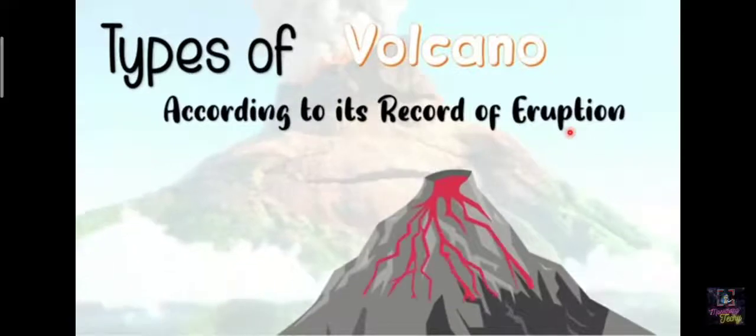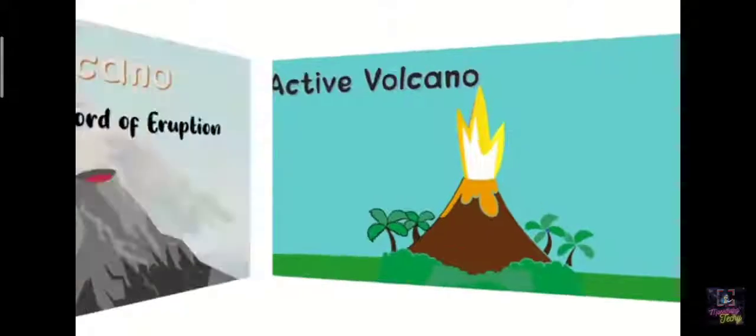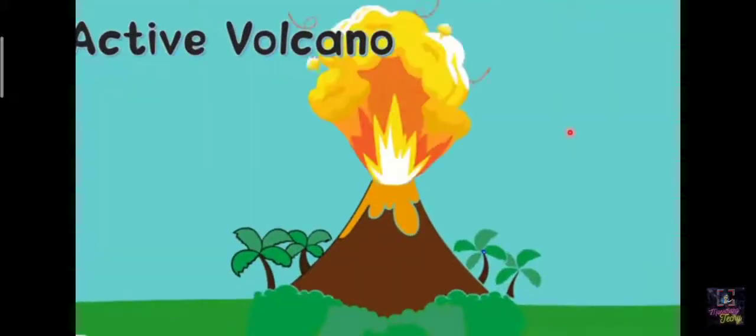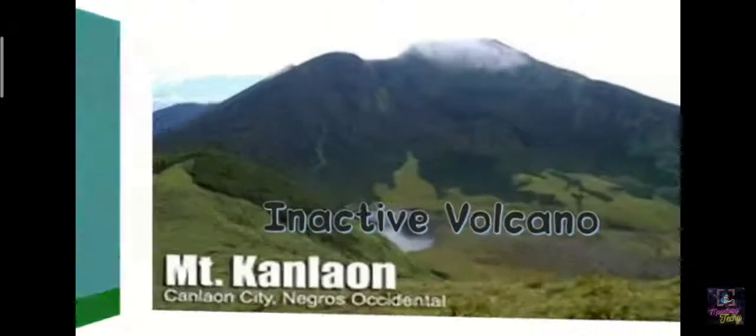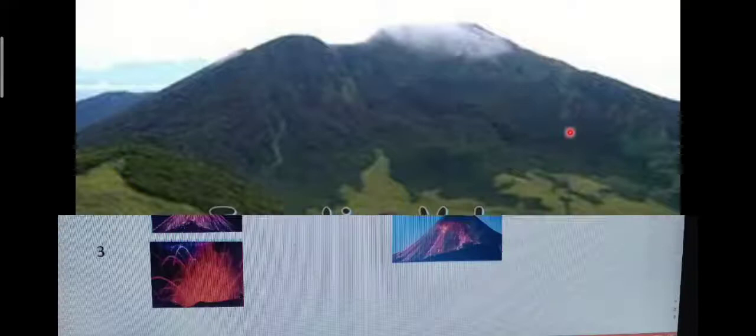Two types of volcano according to its record of eruption. We have active volcano. A volcano is active if it has a record of eruption. And the second one is the inactive volcano, wherein a volcano is inactive if there is no volcanic activity and no record of eruption.